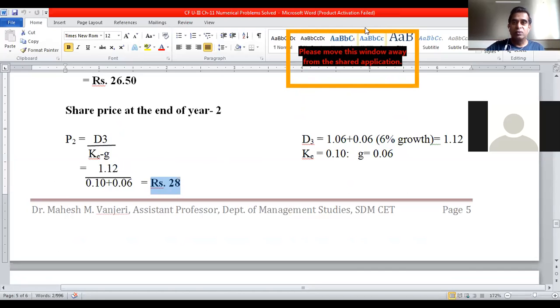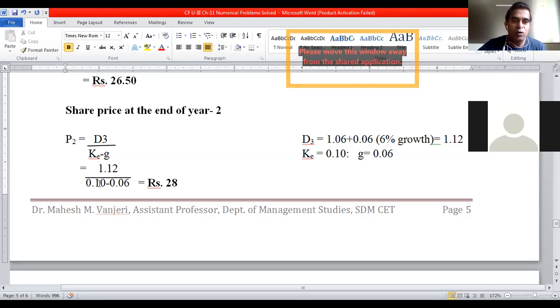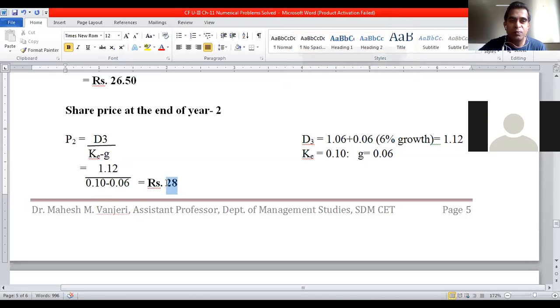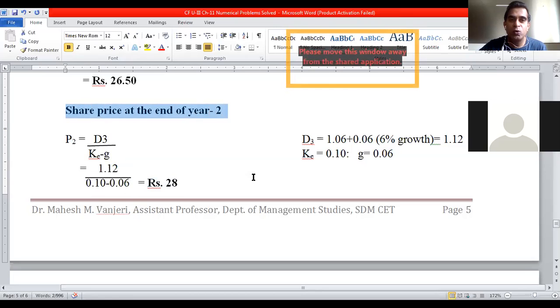I hope 3 minutes are remaining. So it is 0.10 minus 0.06. If you simplify this, the amount you get is rupees 28. 28 is the share price at the end of year 2.